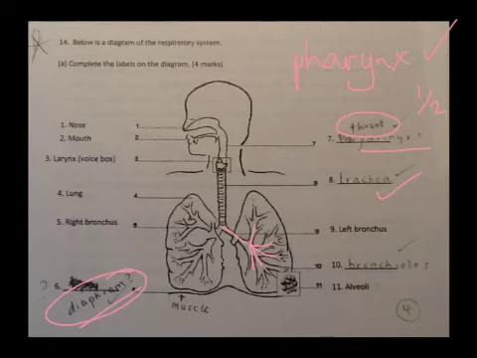The diaphragm is the name of this muscle here underneath that aids breathing. It helps to make the lungs expand and get smaller again so that air can come in and move out again. So it's important that you're aware of the names of these structural parts of the respiratory system so that you know what happens when air comes in and when air goes out of your body.